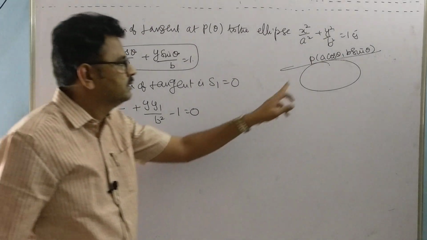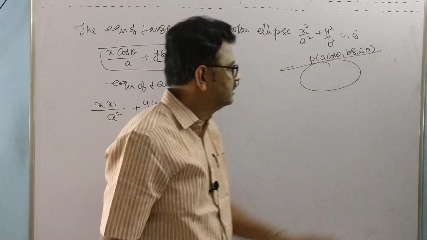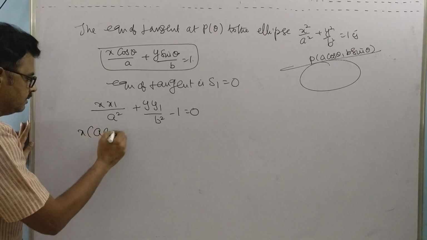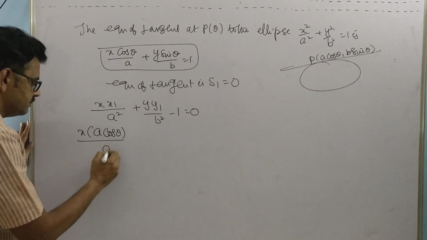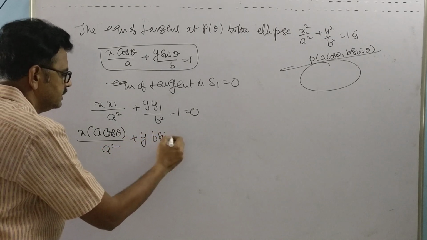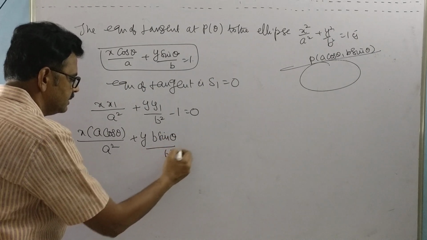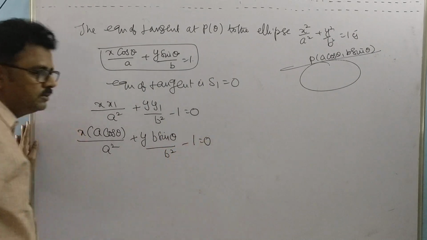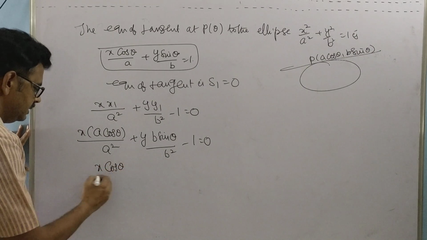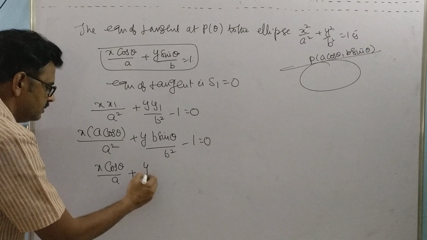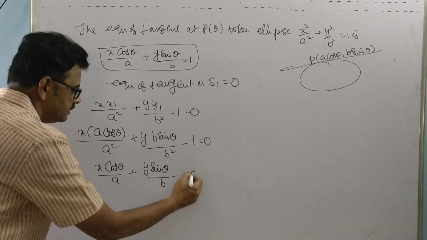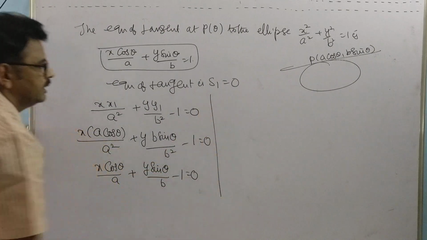What is x1 and y1? A cos theta, B sin theta. So this is x into A cos theta by A square, y into B sin theta by B square minus 1 equal to 0. That is x cos theta by A plus y sin theta by B minus 1 equal to 0. So this is the tangent equation.